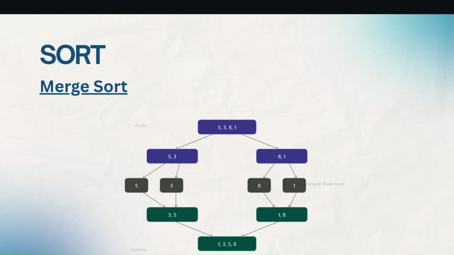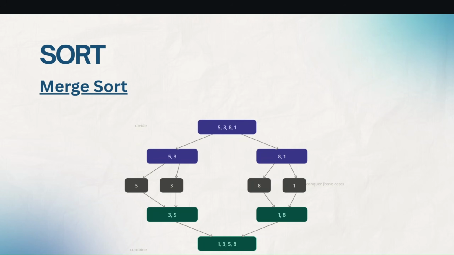The first step is the divide part. Let's say, for example, you have this array: 5, 3, 8, and 1. The divide part is basically just splitting the array again and again until you get single-element arrays. The second step is the conquer, which basically is just the base.